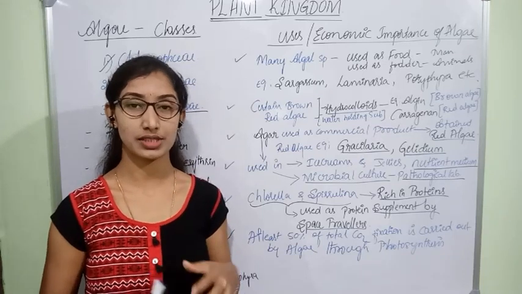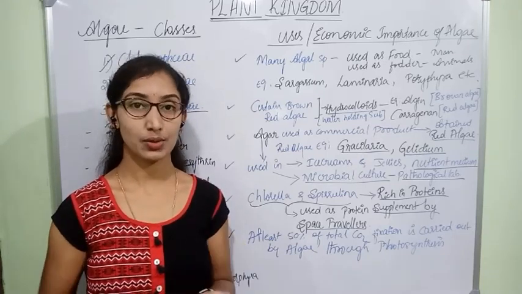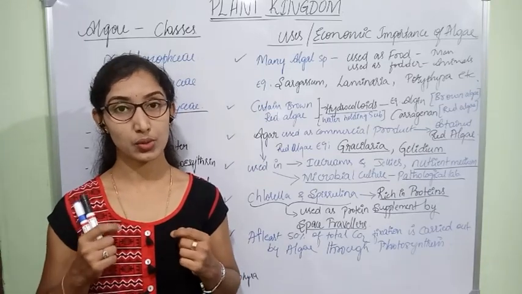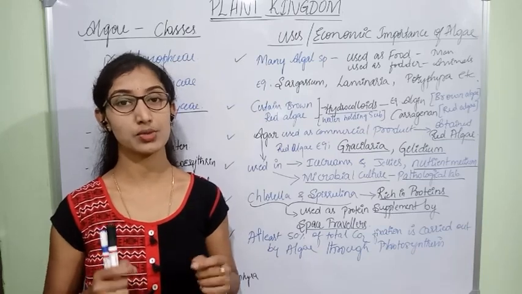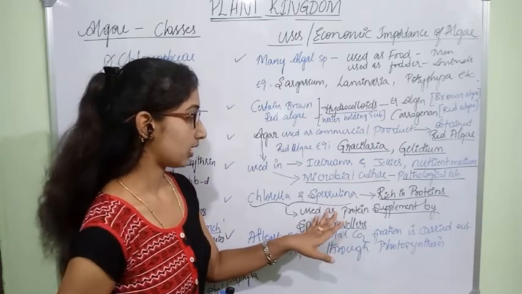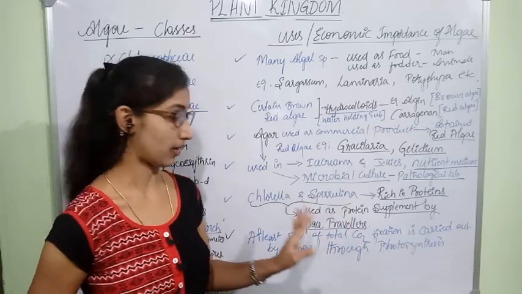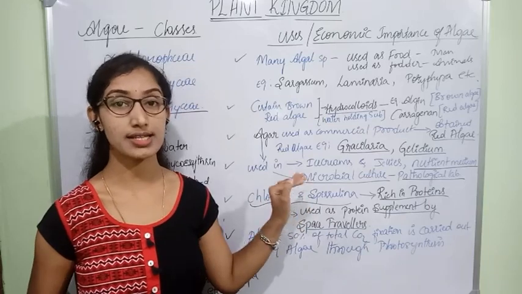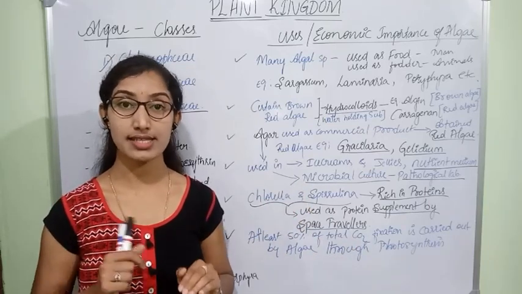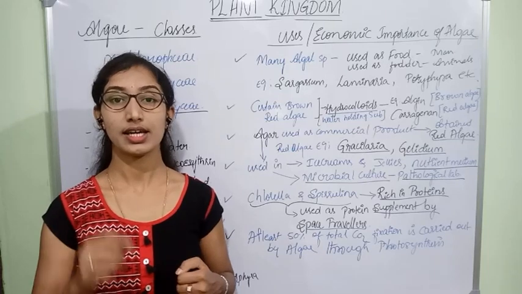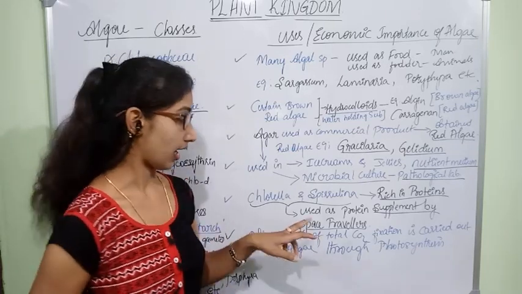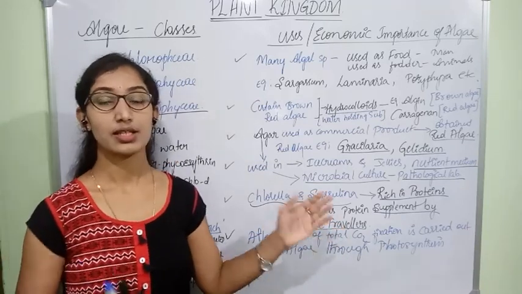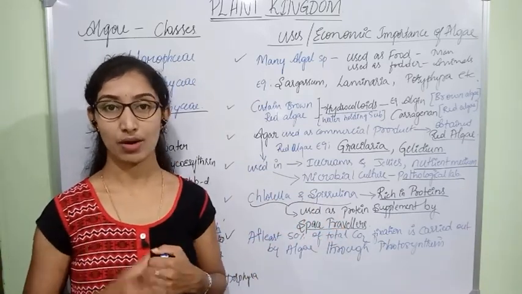Space travelers who travel away from Earth require proteins like all humans, but to avoid protein deficiency, they usually take protein supplements of Chlorella and Spirulina, in the form of capsules.